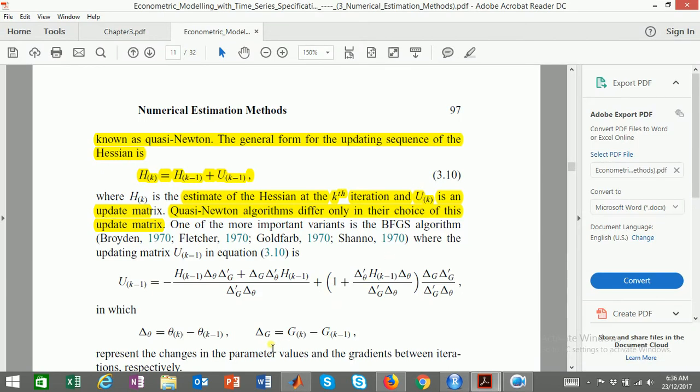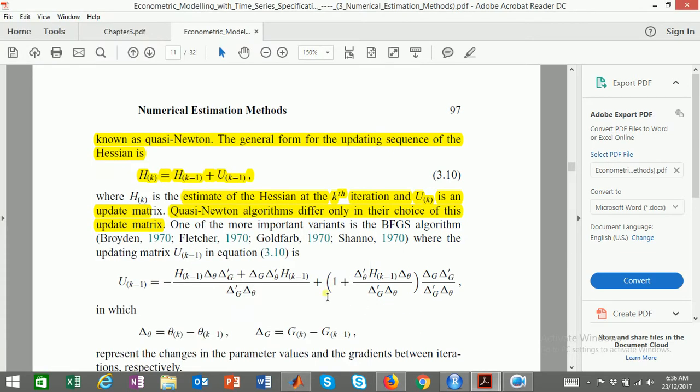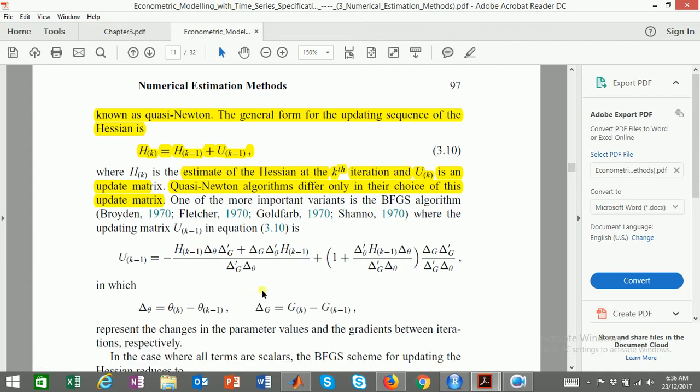As you can see, delta g is g k minus 1, theta k, g minus g old. See, inside g we have this value minus 1 by theta k. Very simple. The previous, nothing is different.